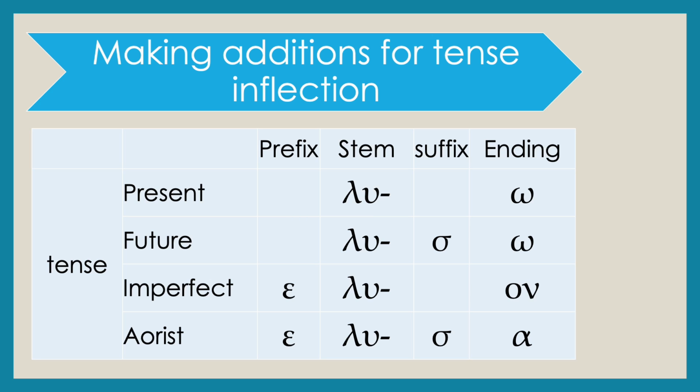In the future, I will untie, it would become luso. In the imperfect, which would be I was untying, eluon, because it's gained the epsilon augment. And then the aorist, which might be translated as I untied or I set free, you would have elusa, gaining both the epsilon augment and the sigma, and then the thematic alpha.